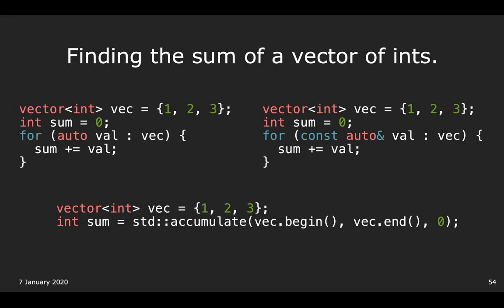In the second example, there's a slight modification, which is you'll notice the word const and the ampersand. These 2 programs work basically the same, but the second one expresses intent better. It's specifically saying we're not actually changing the values as we iterate through the vector.